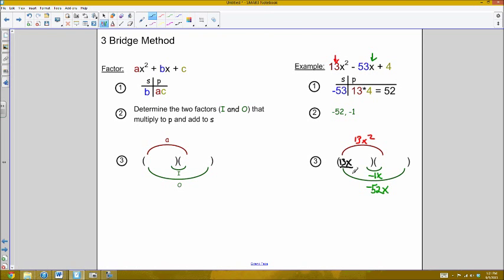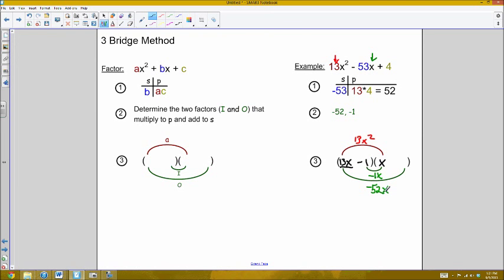So I have 13x. And now this is where the process becomes very fast. Once I found that greatest common factor, at either end of these two bridges are basically the factors which multiply to that term. So if this is 13x, in order to get a 13x squared, I'm going to need a factor of x. Looking at the bridge with that, in order to get a negative 1 times x, the other factor I will need is a negative 1.